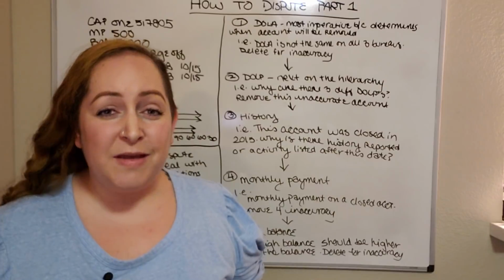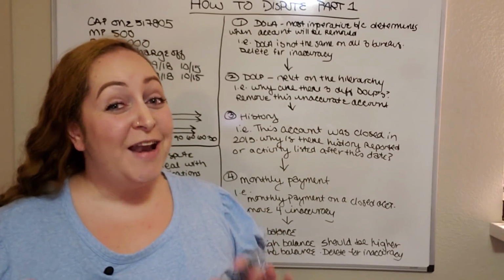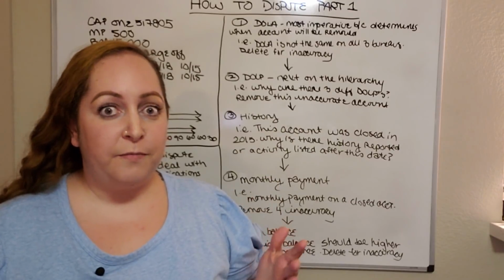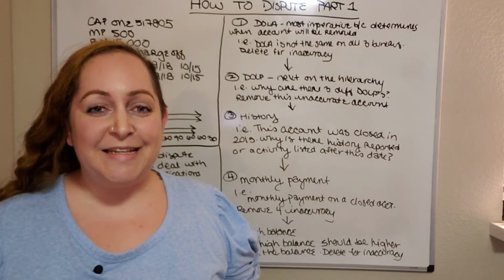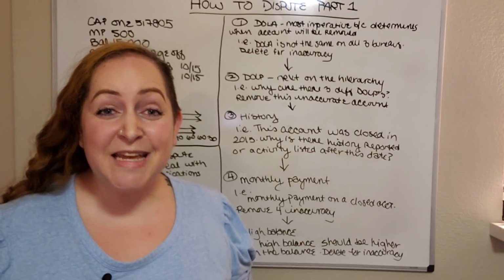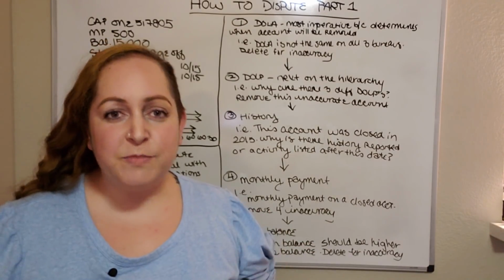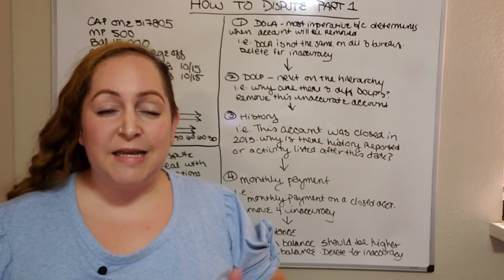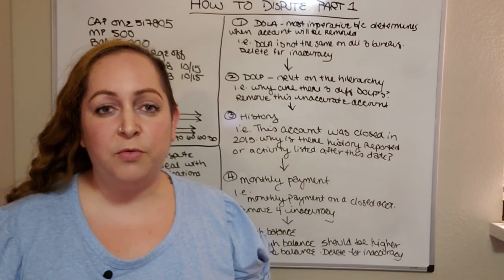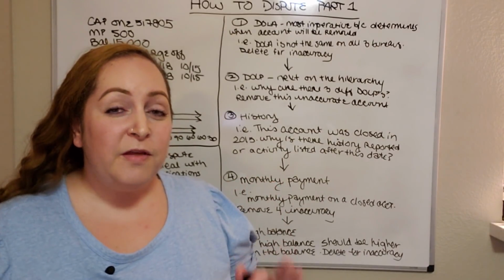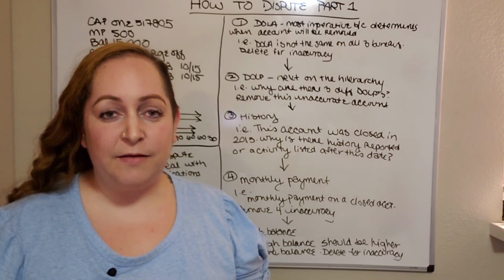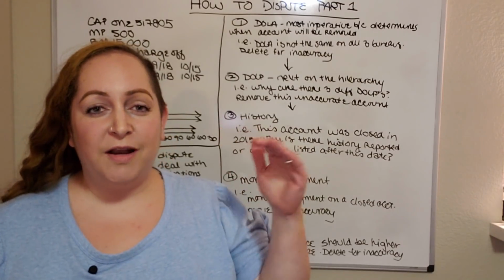So my question to you: what happens if you have multiple dates, ranging from different months to different years, listed under date of last activity? That means it's going to come off on different dates. Do you want that? Absolutely not. You want this date to be accurate and consistent across the board. You're normally going to see that this date is reported inconsistently. So that is why we're starting at the top.